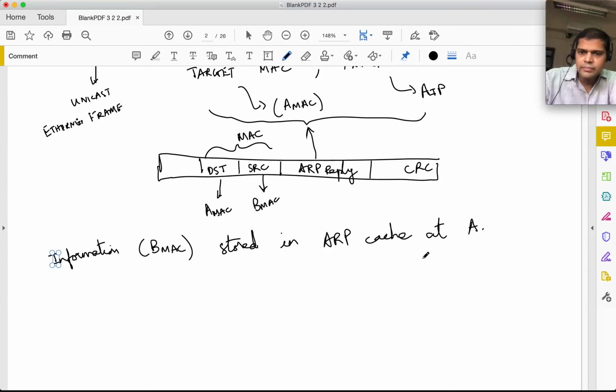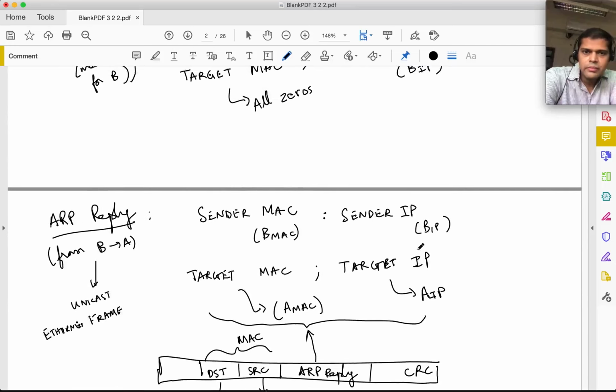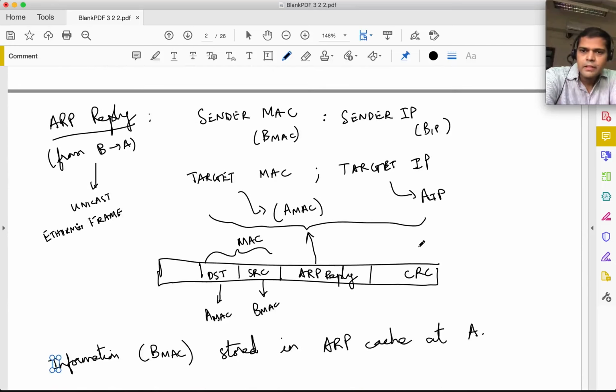But there's a slight problem over here in that this may not be a permanent binding. So what if somebody, for example, changes the Ethernet card on his machine? What if B does that? So B's MAC address might change even though the IP is the same, right? Or maybe a network administrator assigns that IP address to somebody else, right? When we talk about DHCP, we'll see how that might even happen automatically, right?